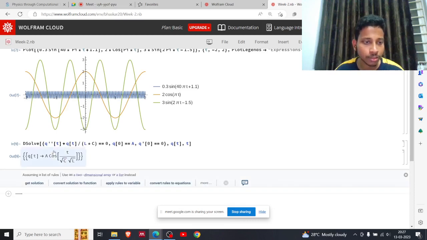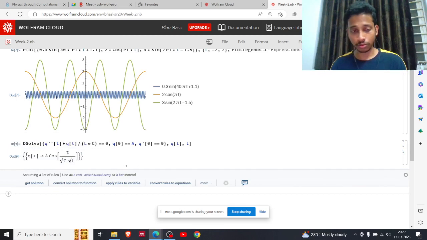So now this is the differential equation we get from an LC circuit, where Q denotes the charge and L and C are the constants. At t equal to 0, the charge is maximum, that is A, and Q dash, that is the current, is 0 at t equal to 0. These are the two boundary conditions.